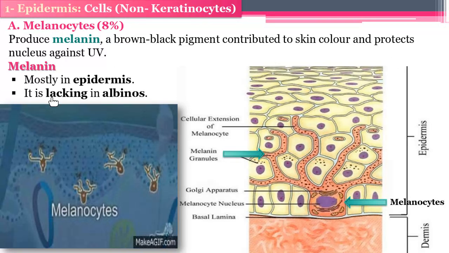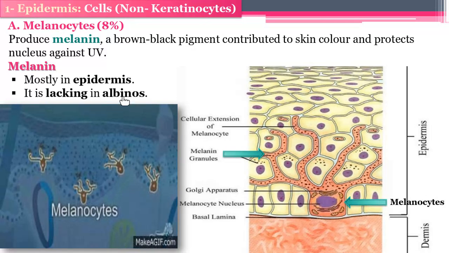This is the basic function of the melanocyte: it produces melanin, and this melanin pigment is responsible for the skin coloration which we all have. Melanin is mostly in the epidermis, and it is lacking in albinos. Albinism is a disease in which this melanin pigment is absent.